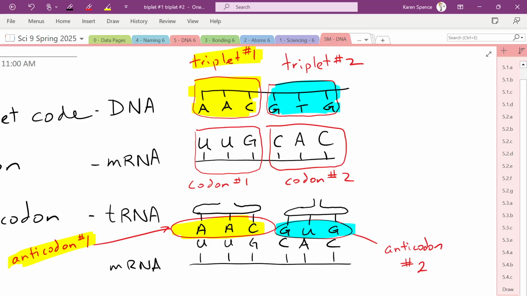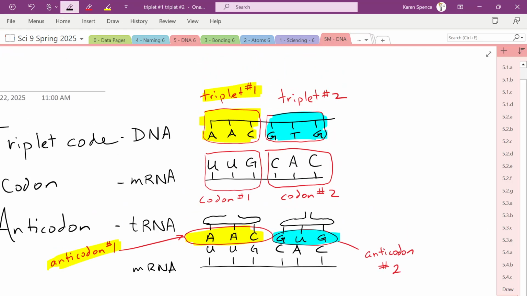So the anticodons will be the same as the triplets. So the tRNA code will be the same as the DNA code, except that anytime you had a T in the DNA, you'll have a U in the tRNA. And the mRNA is all going to be the reverse, okay?